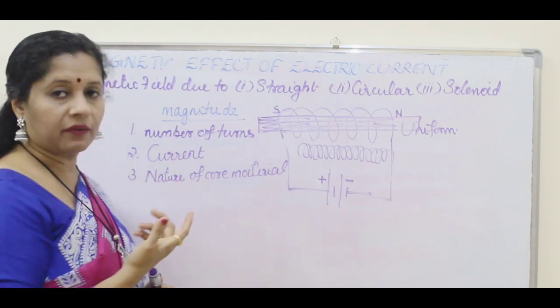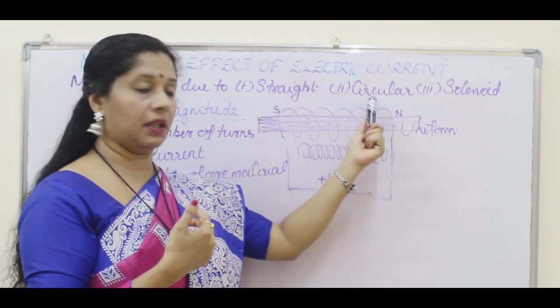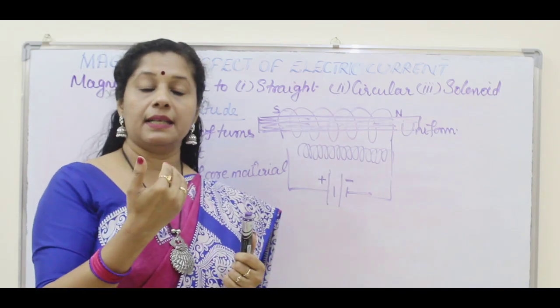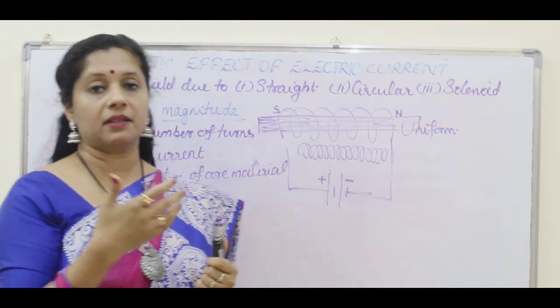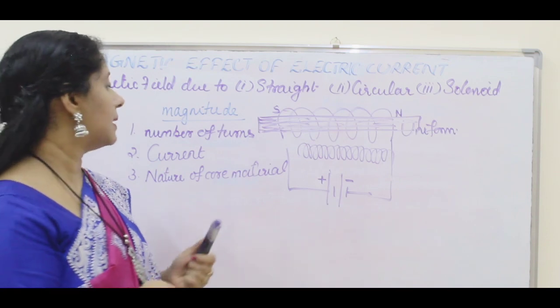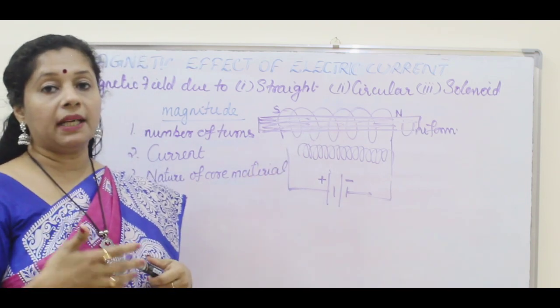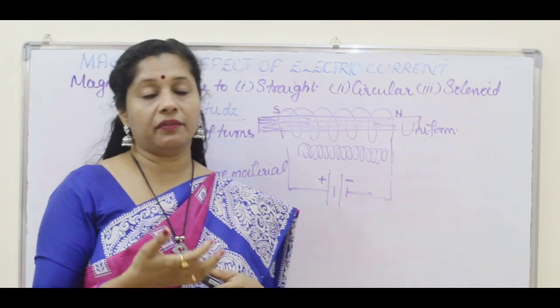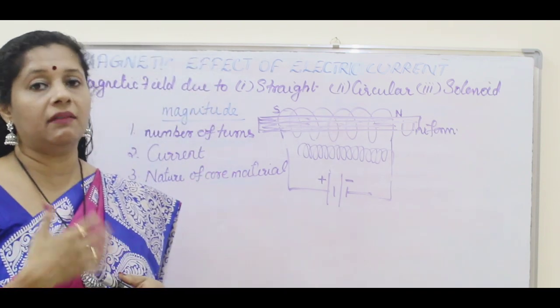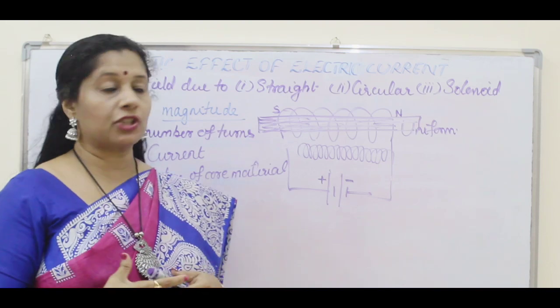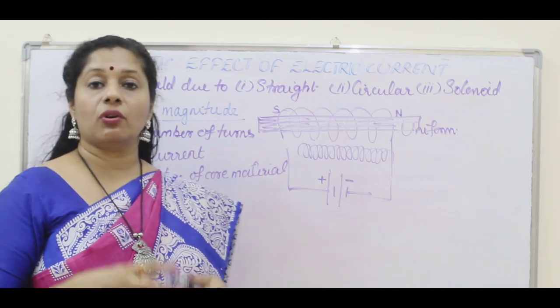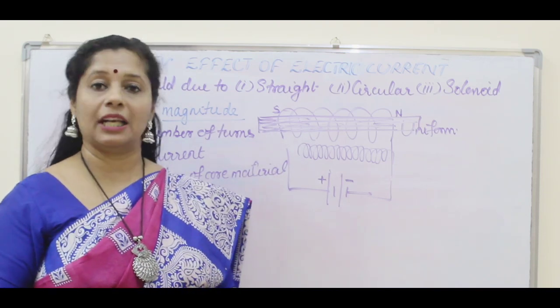Then current, which we learned in the first two structures. If you increase the current, the magnetic field will also increase. Then third, the nature of the material will also determine the strength of an electromagnet. As I mentioned, if you use soft iron, you will get a very strong electromagnet.